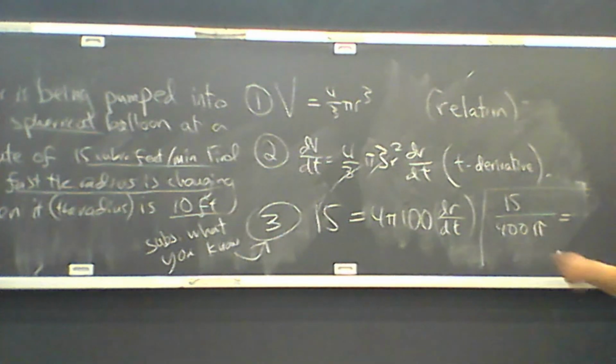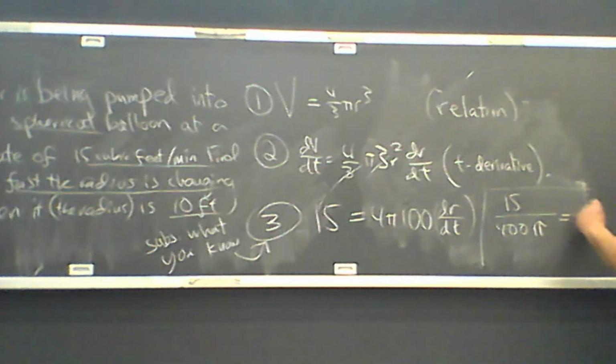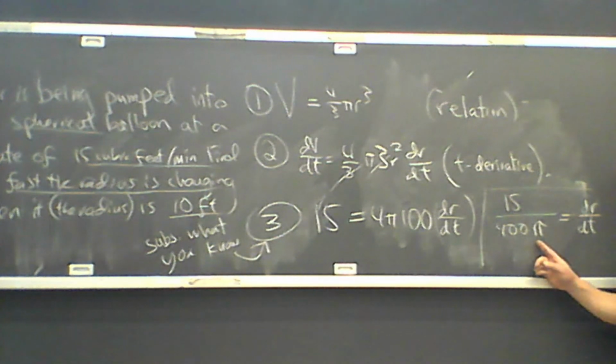This is just the next step. It's arithmetic, but not structural. dr dt, right? Let's estimate what that is. I love estimating stuff. It's kind of fun. Pi is approximately equal to what? 3.14.